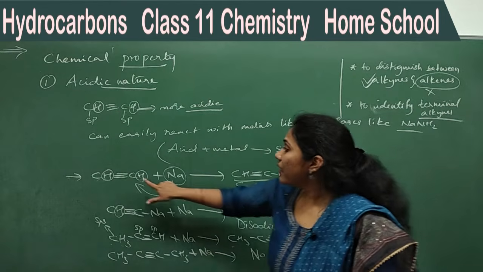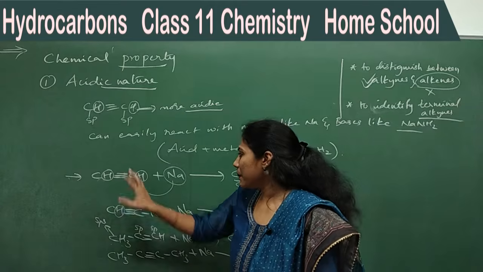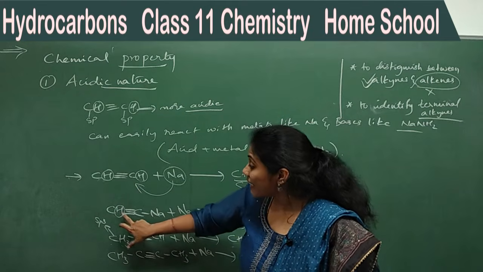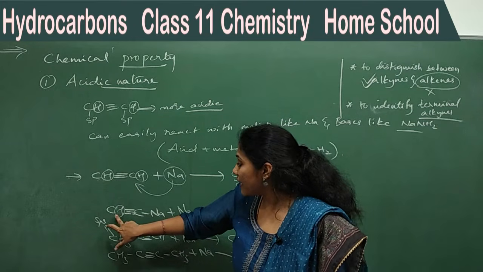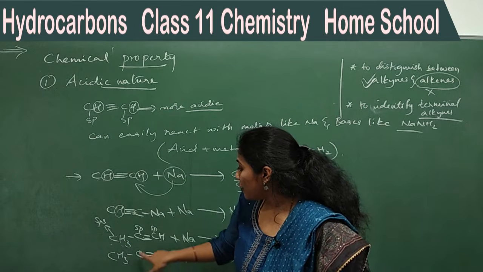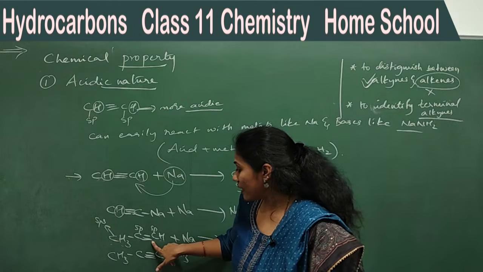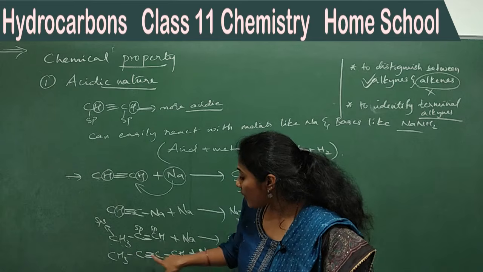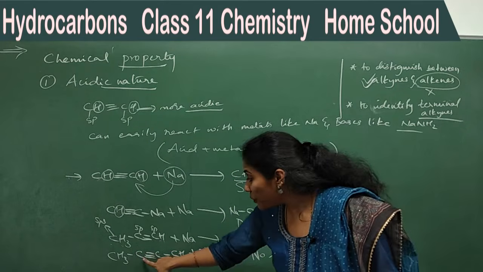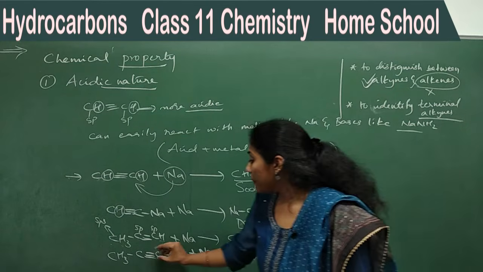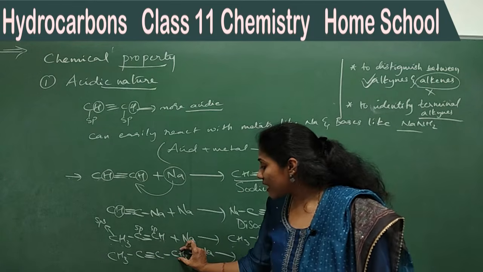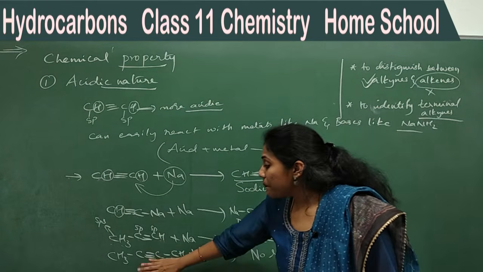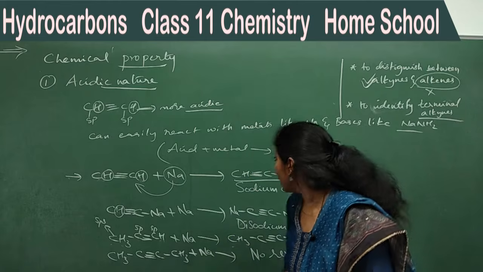You know, here ethyne is a terminal alkyne, and propyne is a terminal alkyne because the triple bond is there at the last carbon, right? Whereas this 2-butyne is not a terminal alkyne because the triple bond is not at the last carbon. It is somewhere in the middle. So this is not called a terminal alkyne.